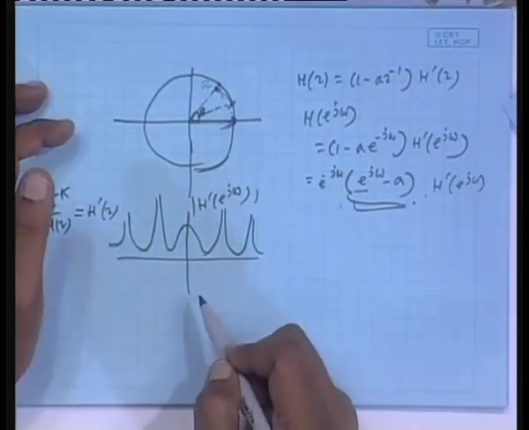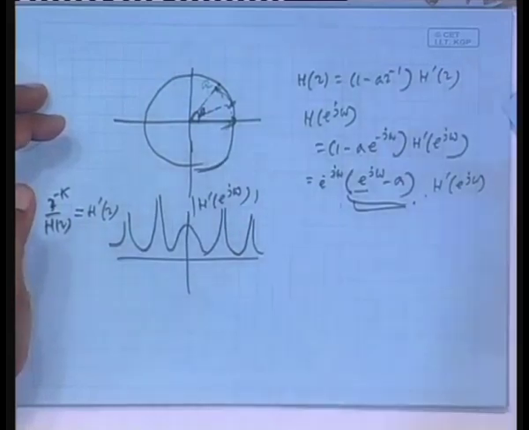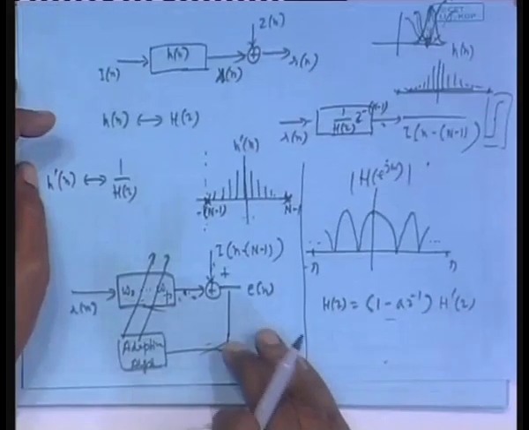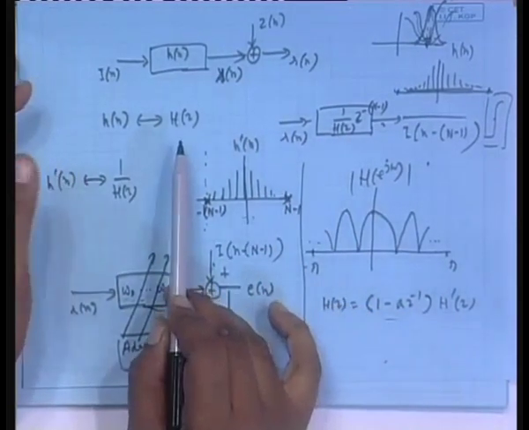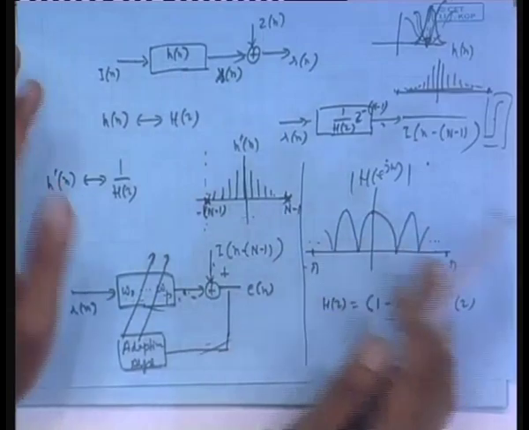Which means noise will be enhanced. You see here, H(z) has nulls, this has peaks, they will cancel each other.